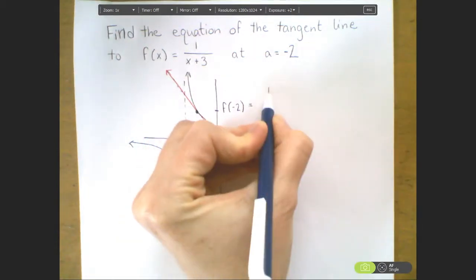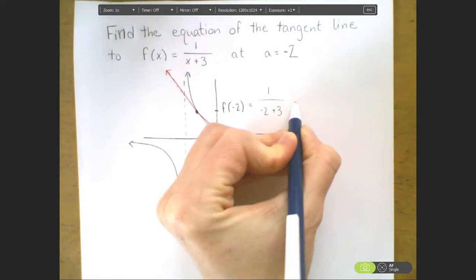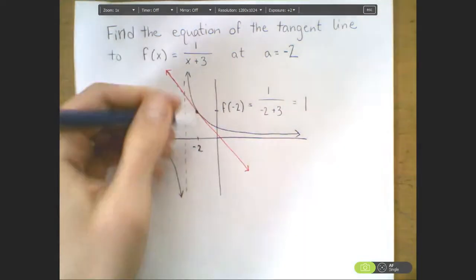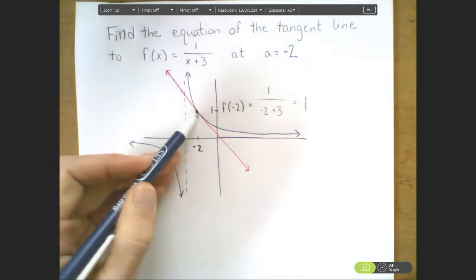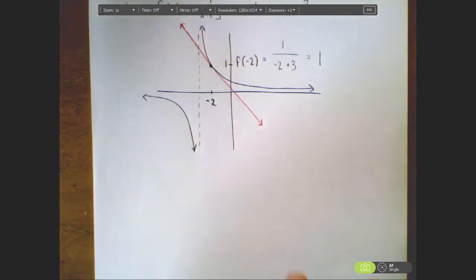It's going to be 1 divided by -2 plus 3, which is equal to 1 divided by 1, which is 1. So I know that this is at the point -2, 1. I just don't know what the slope of the tangent line is in this case.